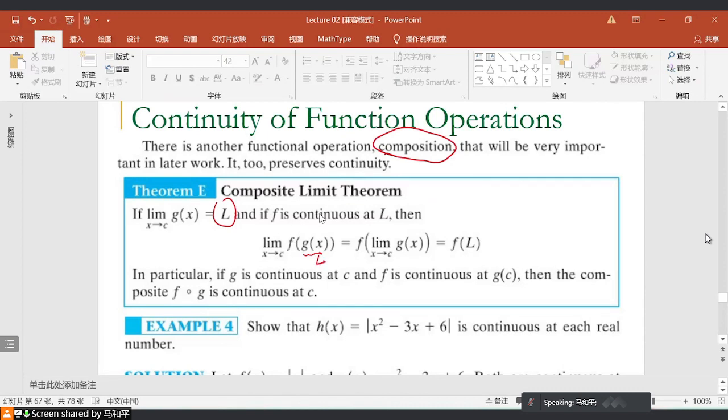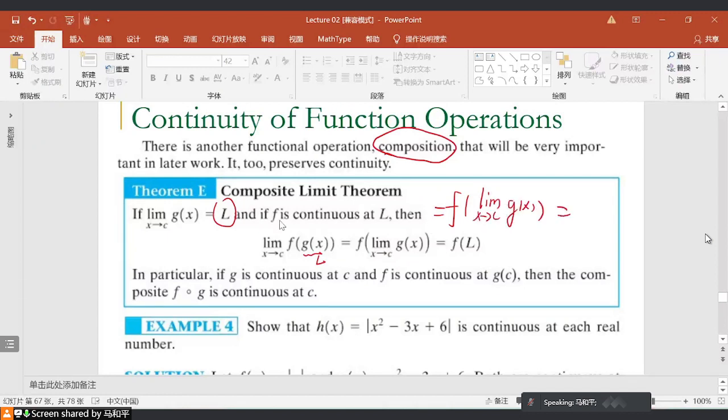And f is continuous at L. We can write the limit of f(g(x)) as follows: we first calculate the limit of g(x).